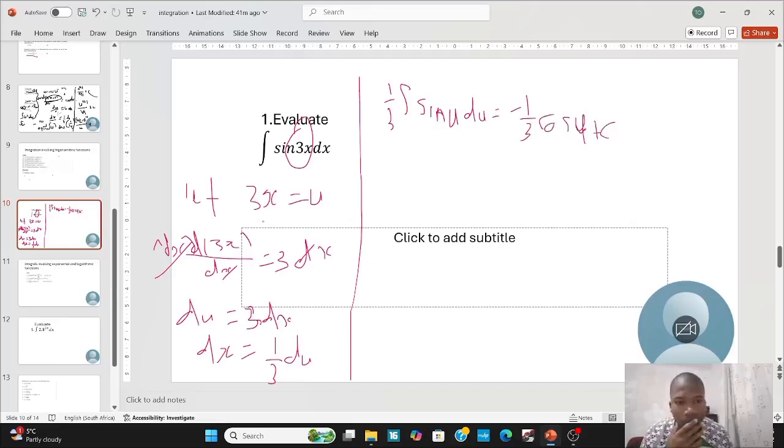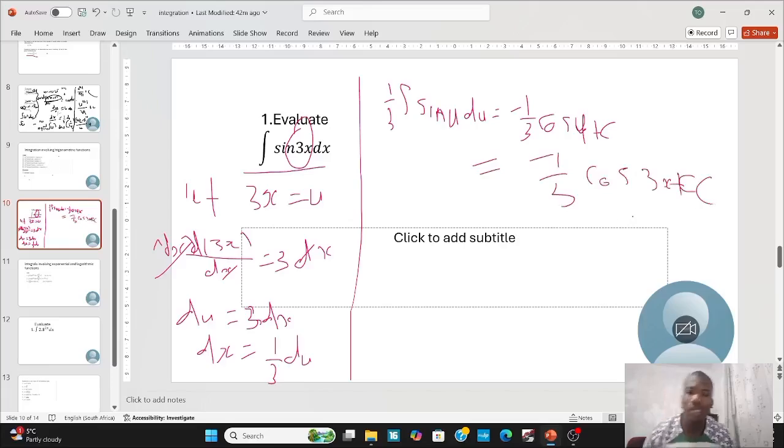But we are also aware that 1 over 3 sine u du is equal to this thing of ours, which is sine 3x dx, right? Then we can also write it as minus 1 over 3 cos 3x plus c, right? Then you can also write it in that manner.